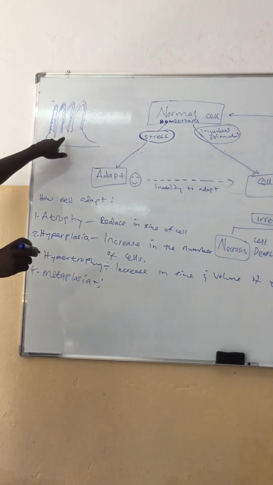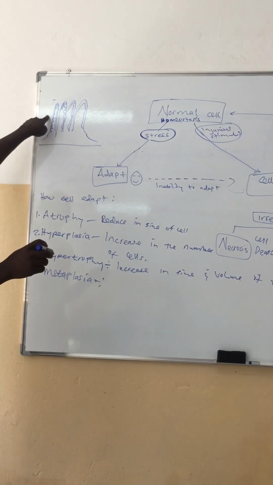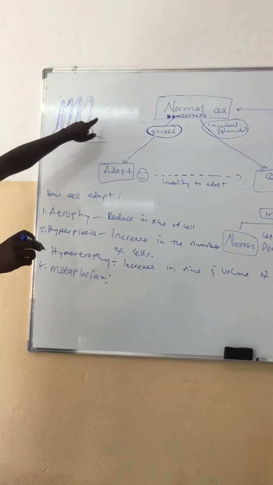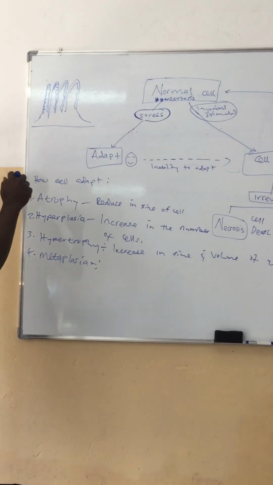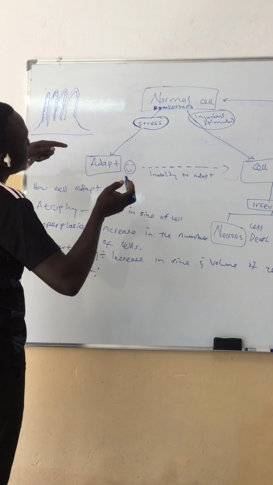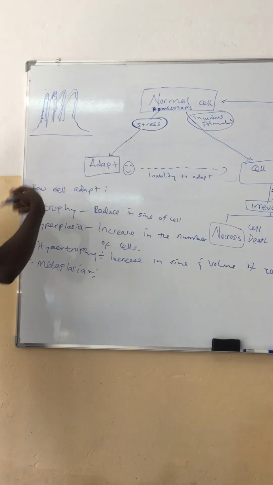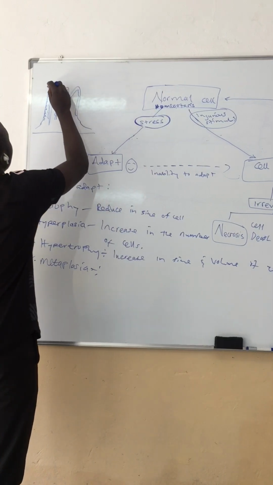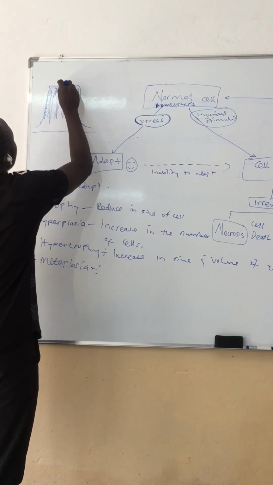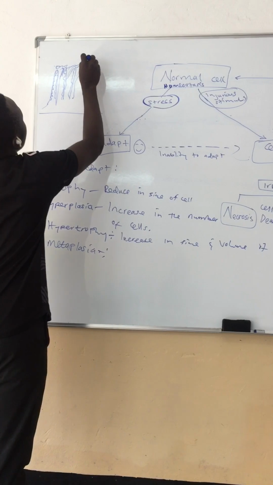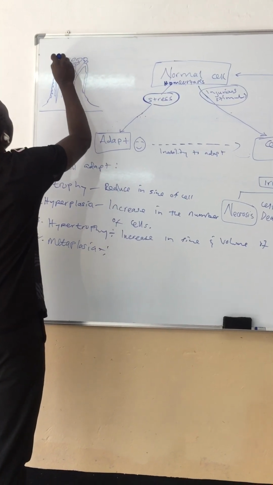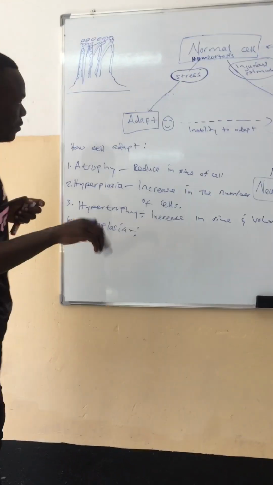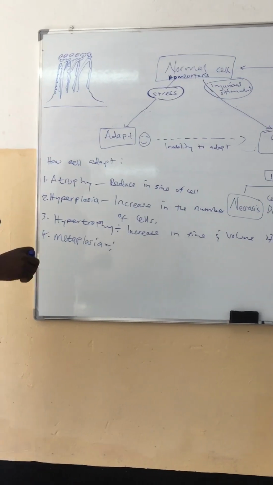So what happens is that when the cell is stressed, these cells you are seeing here are failing to help fight against that stimulus. The cell will try by all means to replace them with other cells, like the cuboidal cells on top here, as many as possible, so that it can overcome this stress and eliminate it from the body.